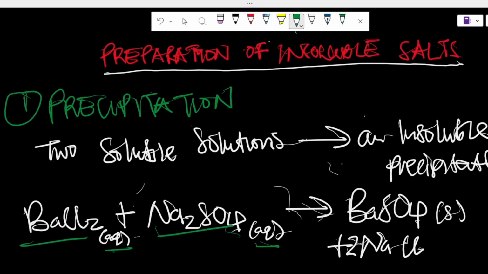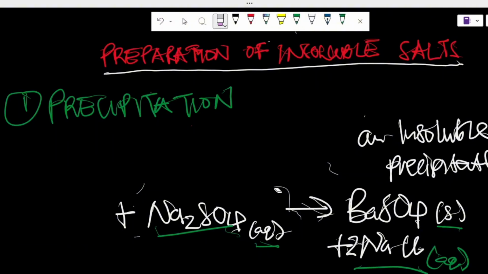When you use two soluble solutions, you get an insoluble salt, and the state symbol here is actually solid. But for sodium chloride, this is actually an aqueous solution because it is soluble. So as you can see, it's not really difficult as well to prepare insoluble salts from two soluble solutions using the precipitation method.